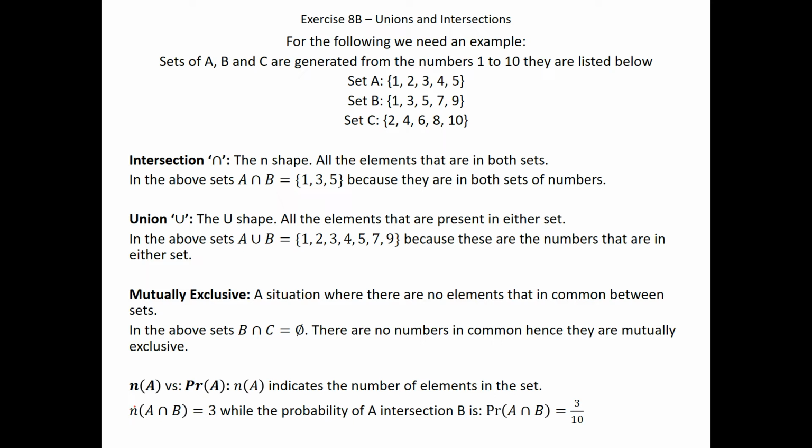So the n, the number of elements in A intersect B, is 3, because in A intersect B we had 1, 3, and 5. So there are 3 elements. Whereas the probability of getting something that is in both A and B, when we get a random number from between 1 and 10, is 3 options out of the 10 total. So n is a number, Pr is a probability.